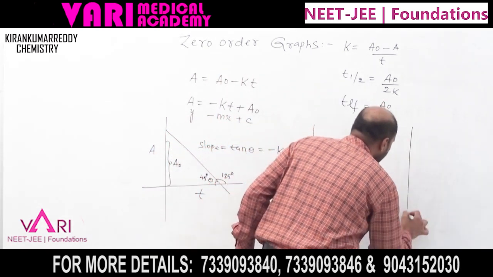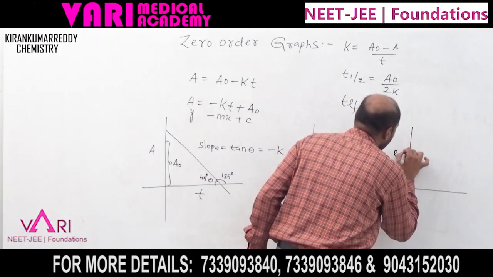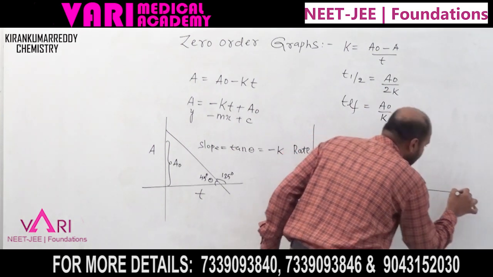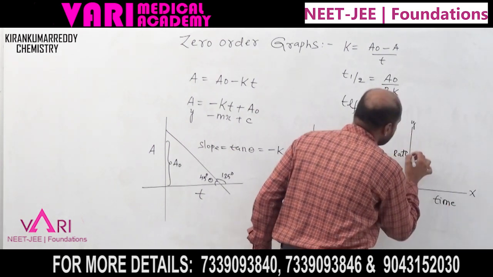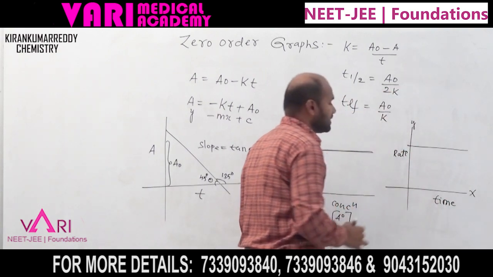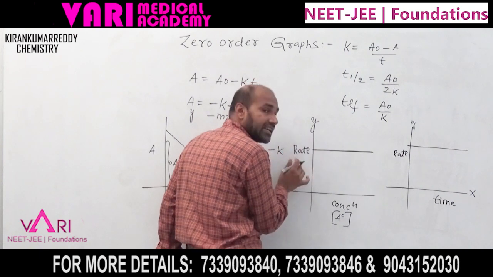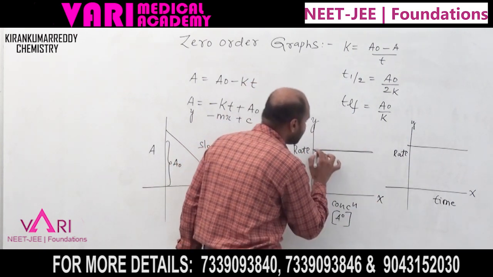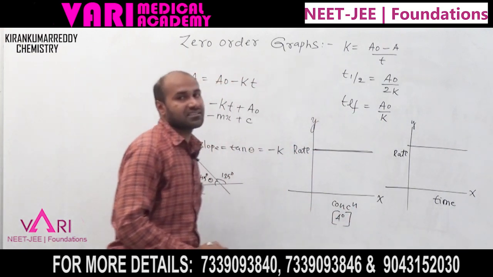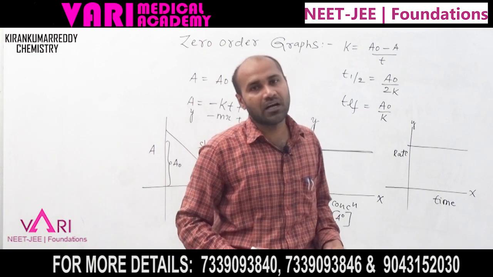Again, rate versus time: rate on the y-axis, time on the x-axis. Here also the rate does not depend on time for zero order reaction. And here also, with rate on the y-axis versus concentration of reactant on the x-axis, a constant graph is obtained. These graphs are important for zero order reaction.